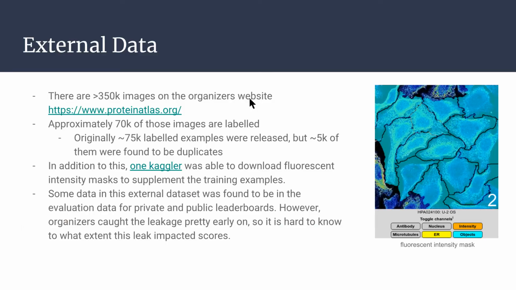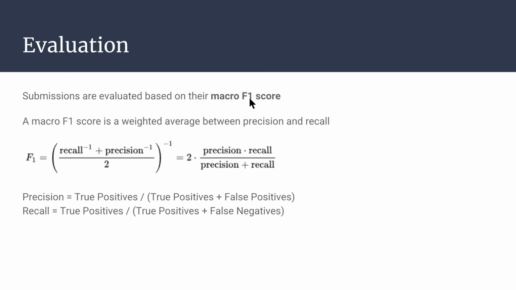Okay. So I'm going to hand over to Jordan now, and he's going to walk us through how the competition was scored. The submissions were evaluated on something called the macro F1 score, which is the harmonic mean of precision and recall. I put the formulas up there, but I'll explain what they mean in plain English.